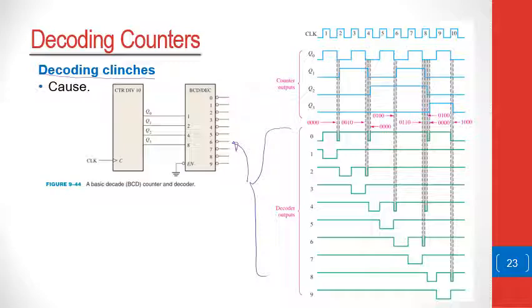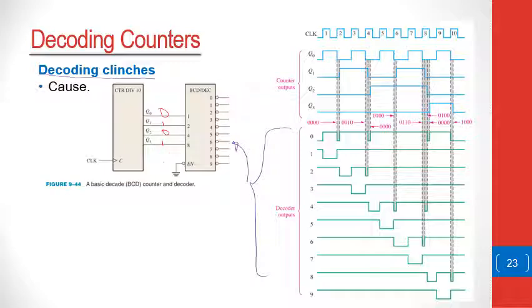So typically, if you look at a case where a counter feeds a decoder, and in this case, say the output here is 0 1 0 1, this is equivalent to a binary number. This is equivalent to binary number 10, right?